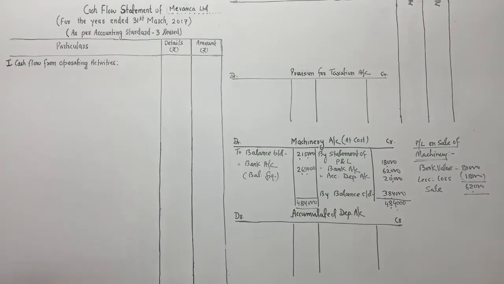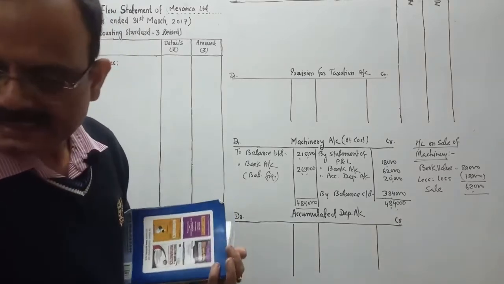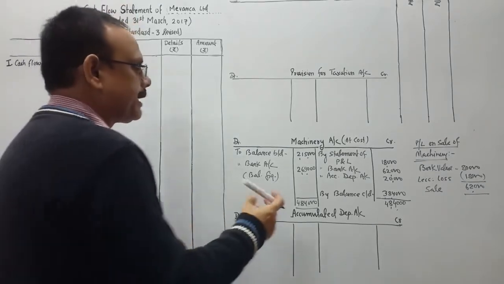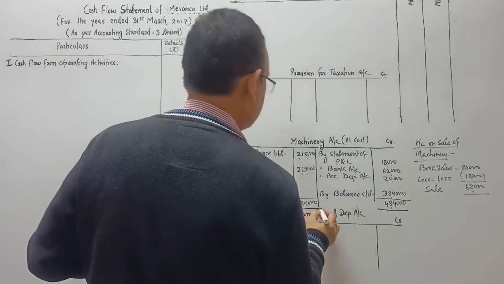Machinery is purchased for rupees 2,69,000. Is it clear? So the first working related to the machinery account is done.